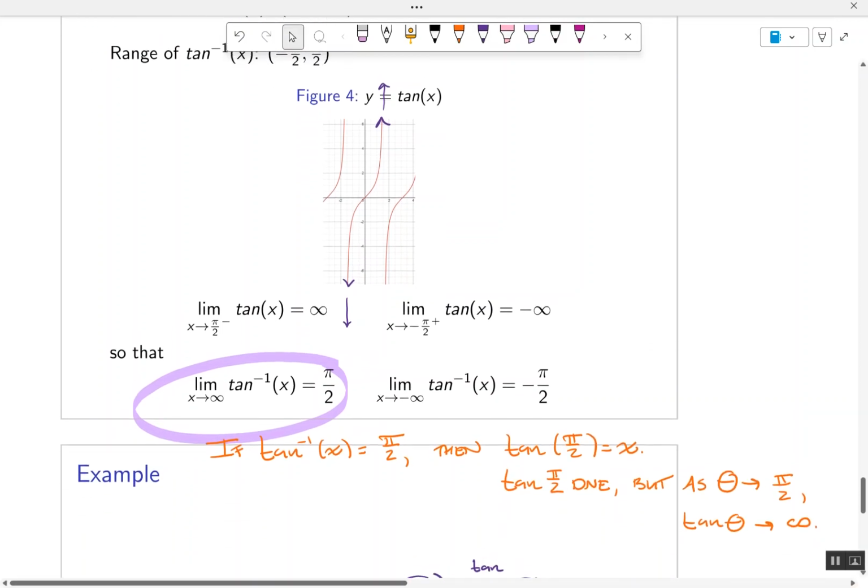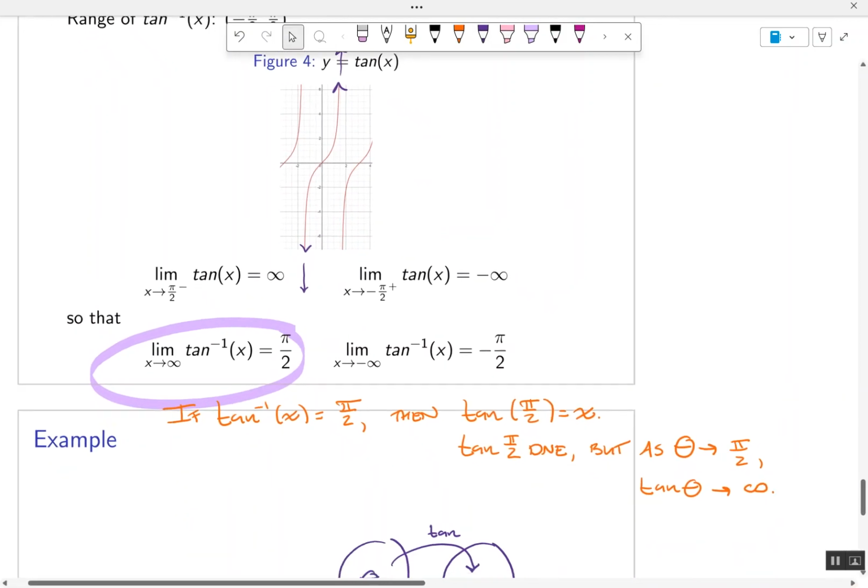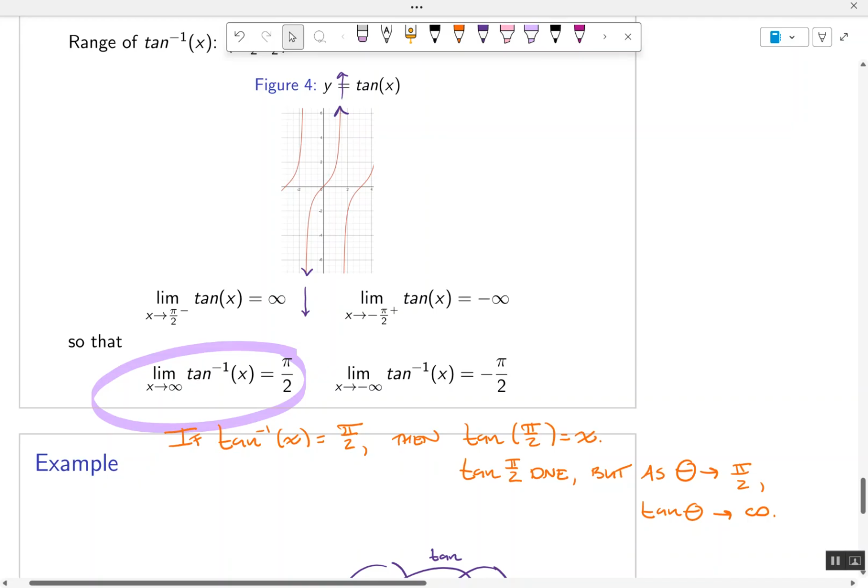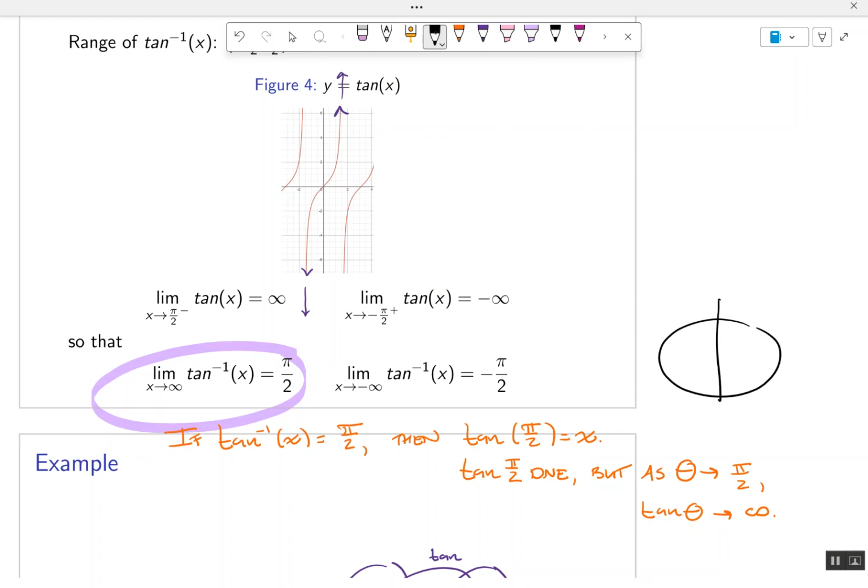So let's look at this one, this circled right here. So if tangent inverse of x is pi halves, then that means tangent of pi halves is x. But tangent of pi halves doesn't exist. However, as theta approaches pi halves, so we can simulate that with my ray getting closer and closer to pi halves, the tangent blows up, right?